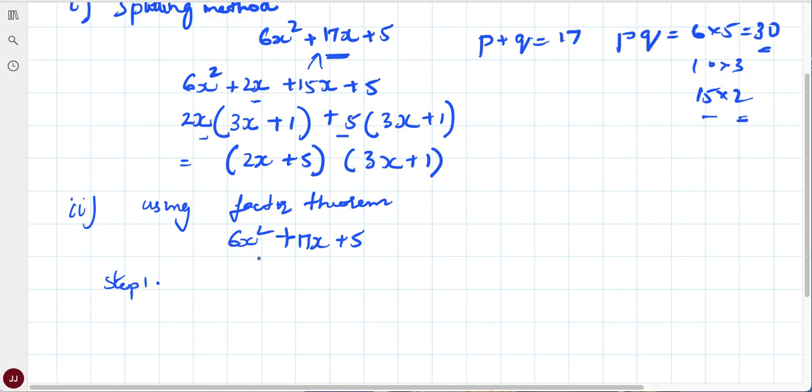Step 1 is to check whether the x square term has a coefficient of 1. But in this case it is 6. So you have to divide the whole equation by 6, or bring the common 6 outside.